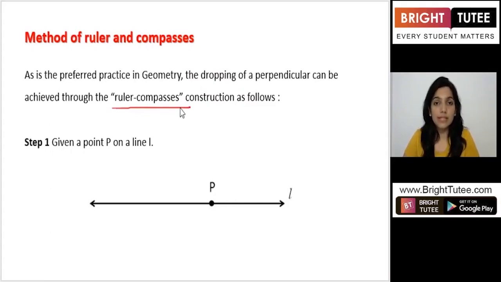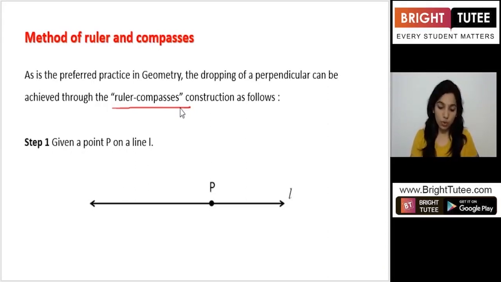Step 1 says, given a point P on the line. I hope you remember what we are learning now is that when we have a line and a point on the line, the first thing we learned was to make this perpendicular line using the ruler and set square. Now we are learning to draw this perpendicular line using the ruler and the compasses.